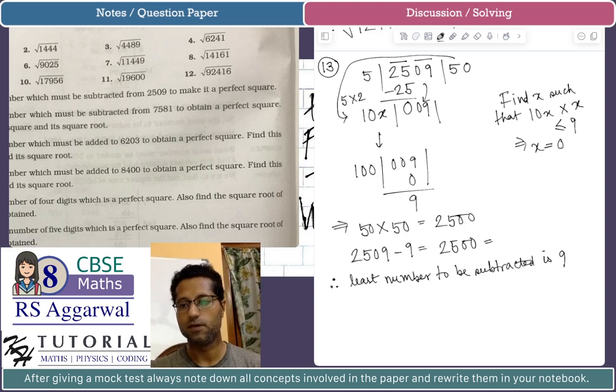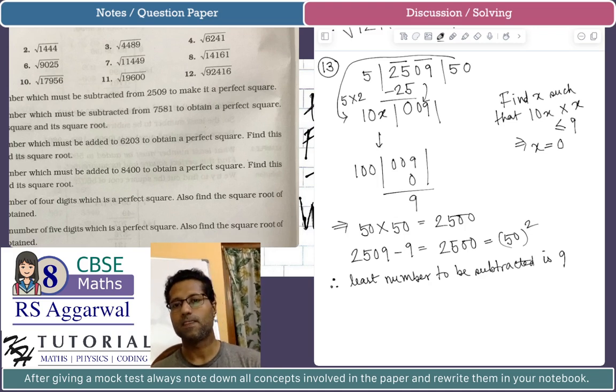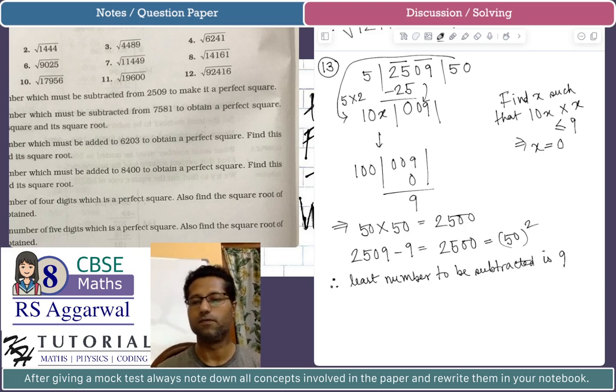In a question you might also be asked what least number must be subtracted from the given number to make it a perfect square, and also whose square is that perfect square which is obtained after subtracting the least number. So in this problem, that is 50.